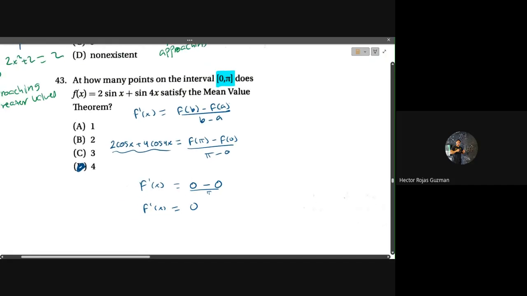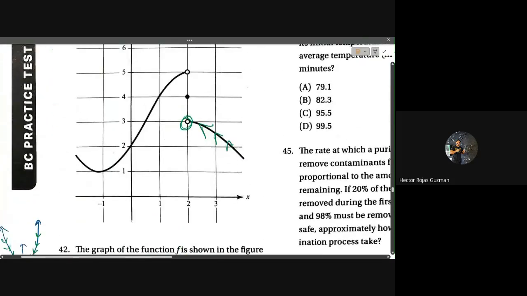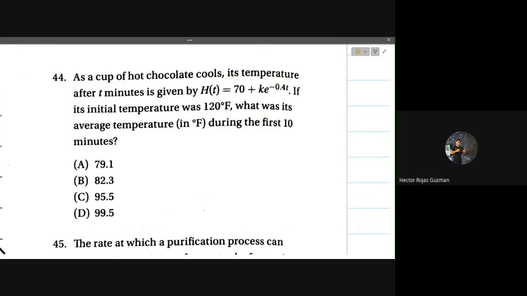Okay, 2 more. As a cup of hot chocolate cools, the temperature is given by h of t. If the initial temperature was 120, what is the average temperature during the first 10 minutes?